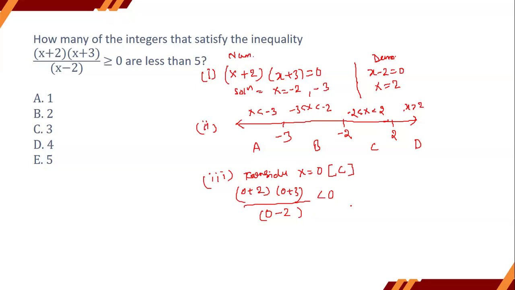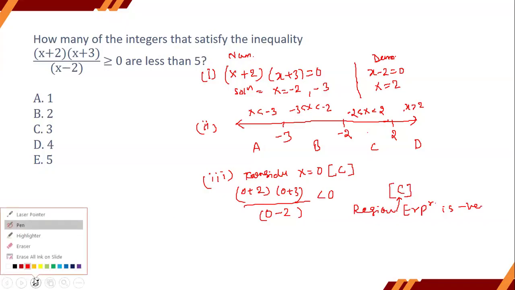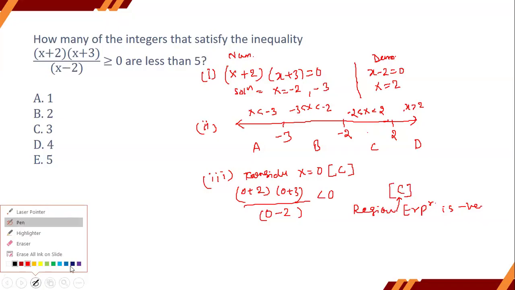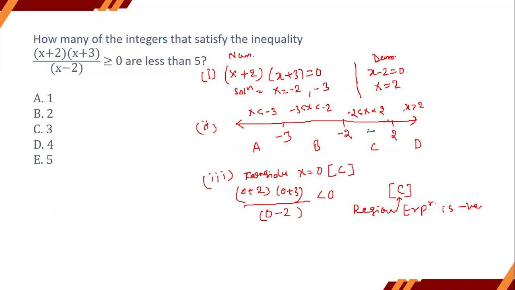So with this, we are able to figure out that in region C, the expression is negative, okay? Now, once we have negative here, we can alternate the sign for the other regions. So negative, positive, here this is positive, right?